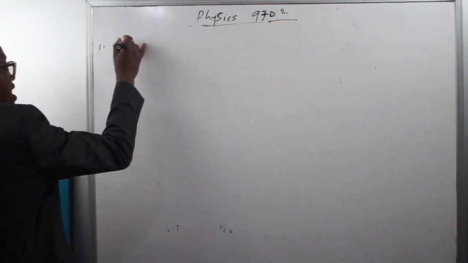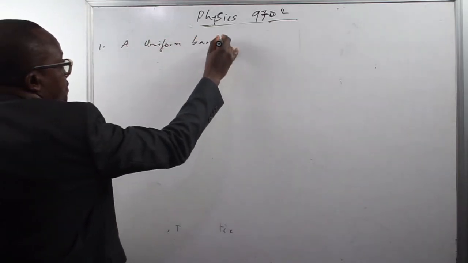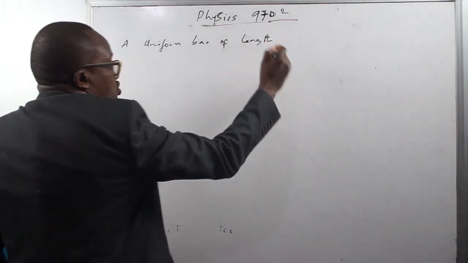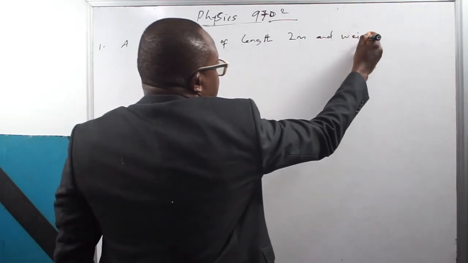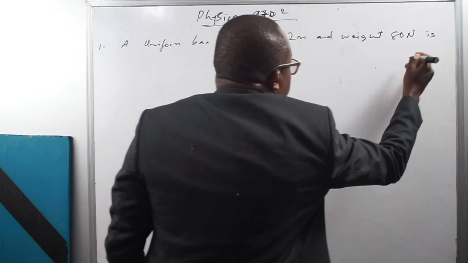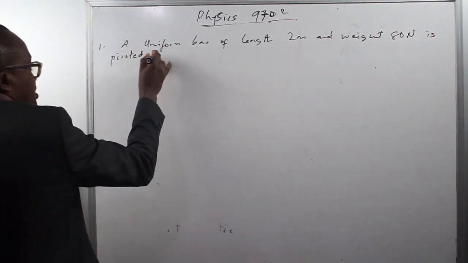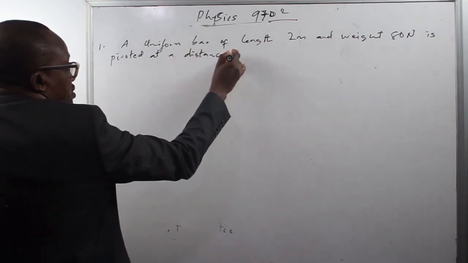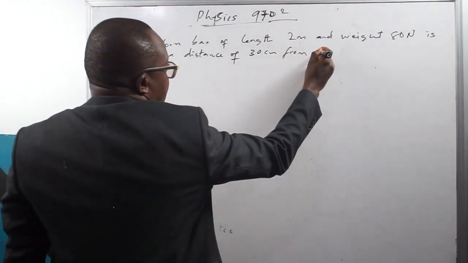A uniform bar of length 2 meters and weight 80 newtons is pivoted at a distance of 30 centimeters from NA.